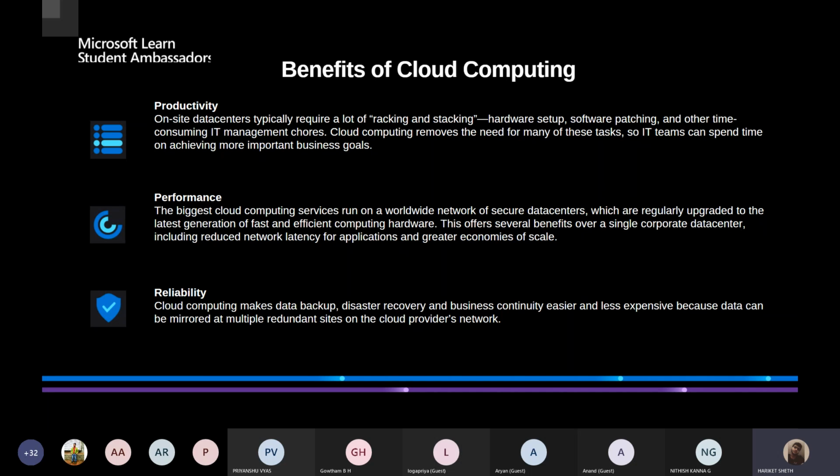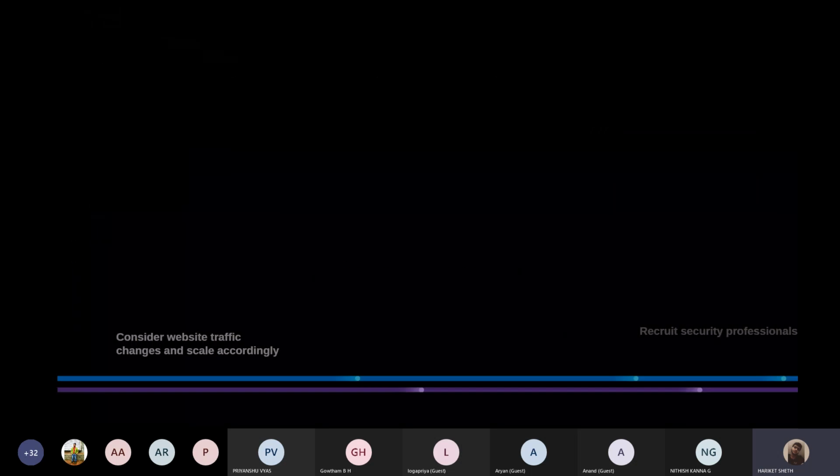For some specific locations you see that the website is updated, but in foreign nations or remote areas, the website is still shown in the older version, like website data is not updated. So on the scale of performance, cloud computing provides you a lot of benefits. Then productivity and reliability is again what we covered.